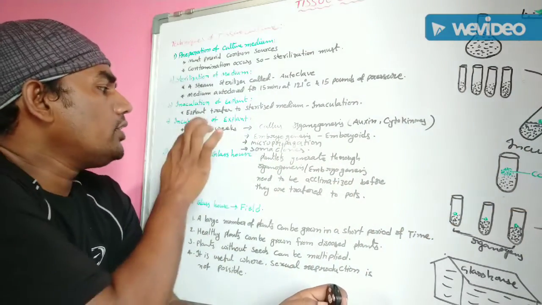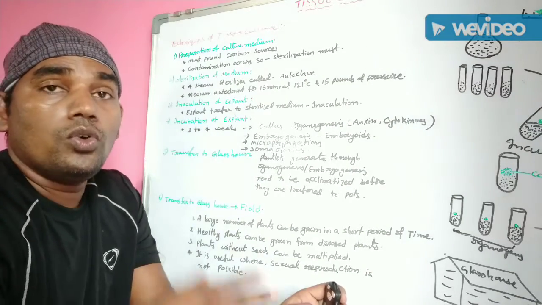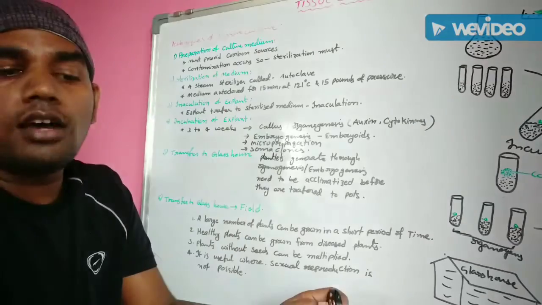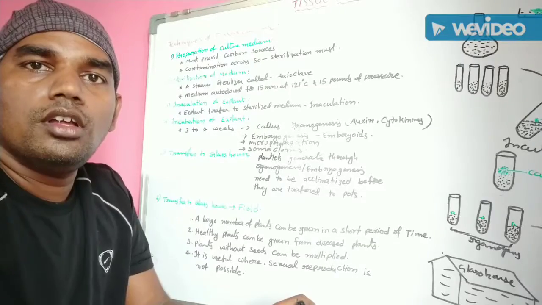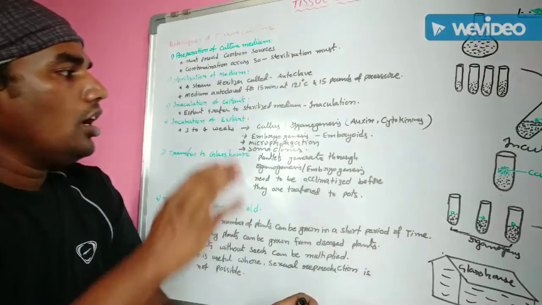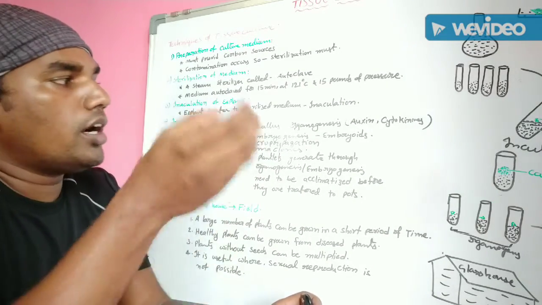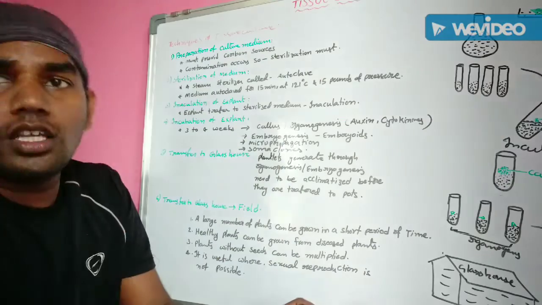After 3 to 4 weeks, some mass of tissue appears. That means after incubation of 3 to 4 weeks, you observe some mass of tissue.